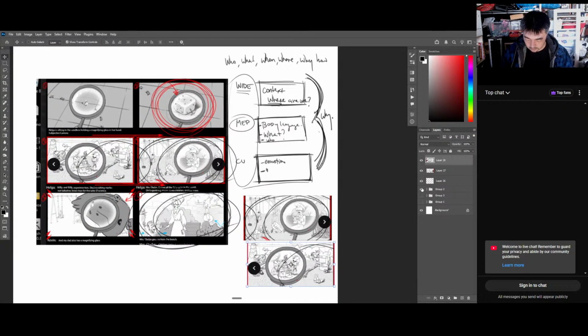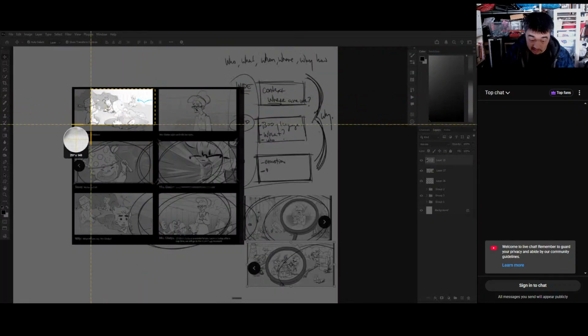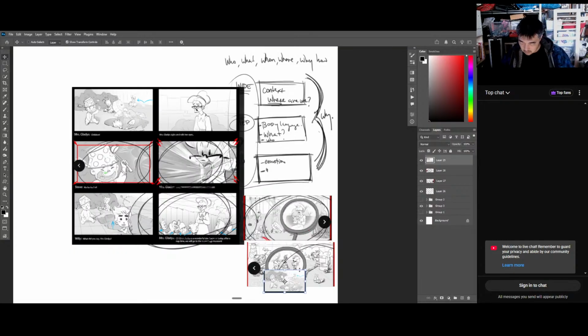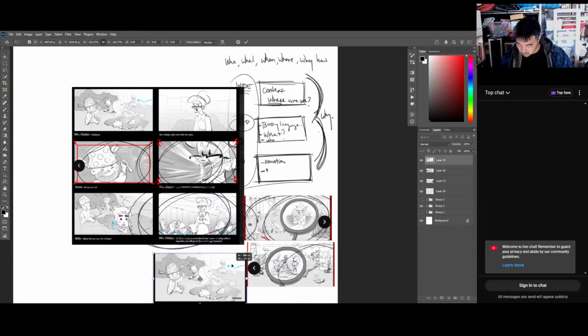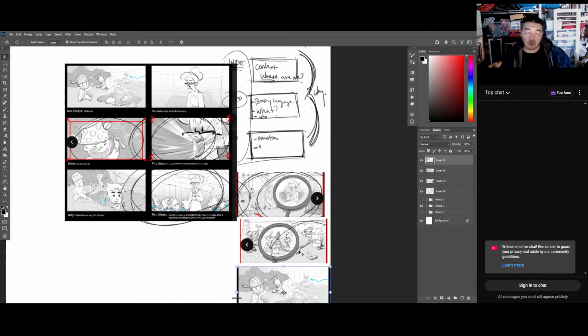And then let's go over here. This is kind of like a long shot. But as you can see, as I'm gathering all these wide shots, I don't know where I am.